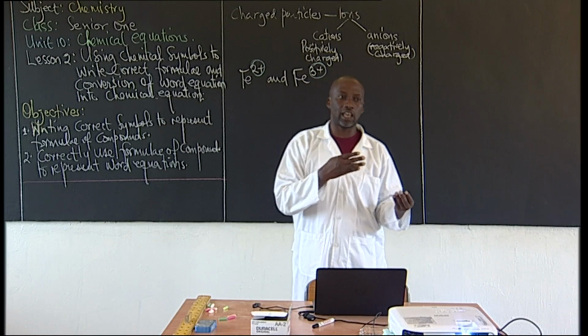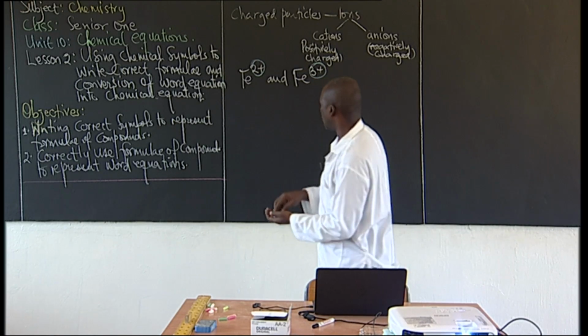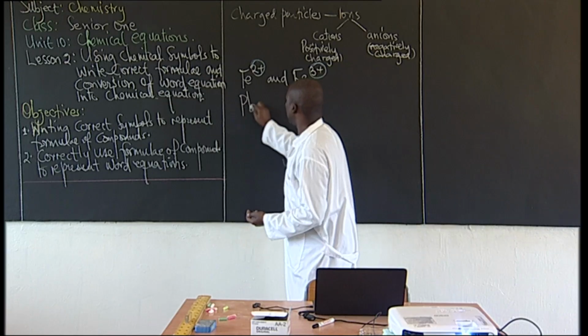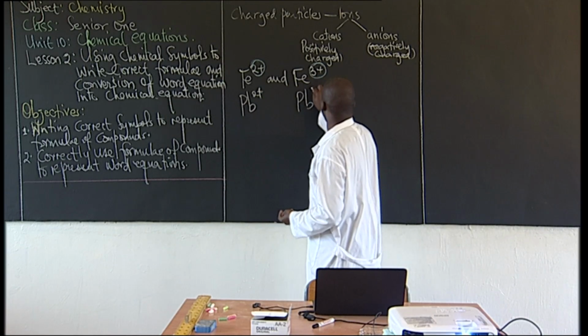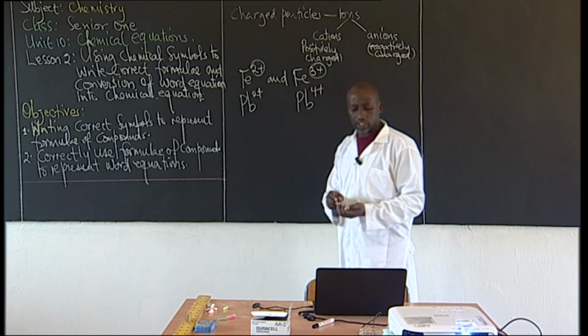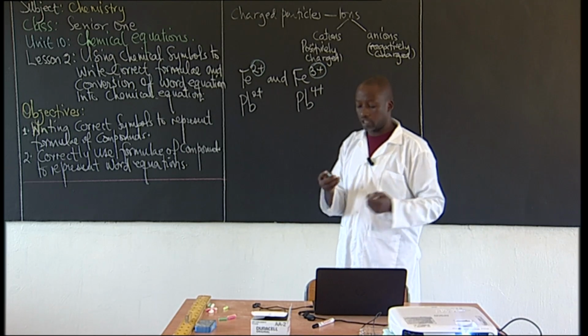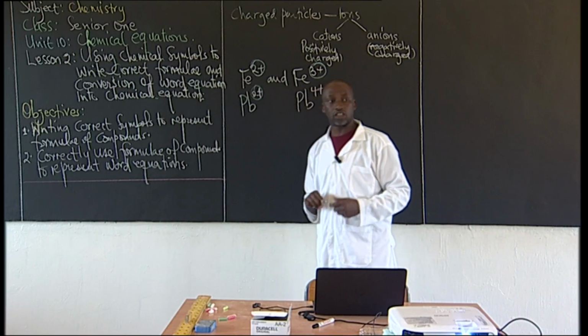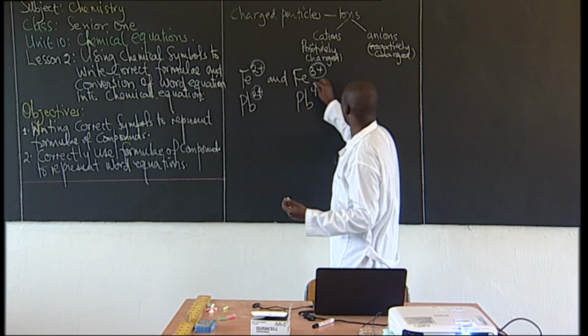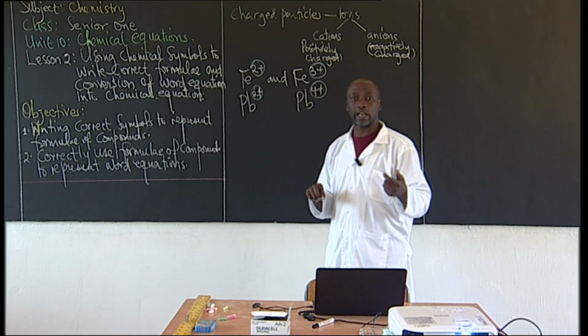When you look at lead, for example, we have lead 2 plus and we have lead 4 plus. So those are differences. We have lead with a valence of 2 and another lead with a valence of 4.